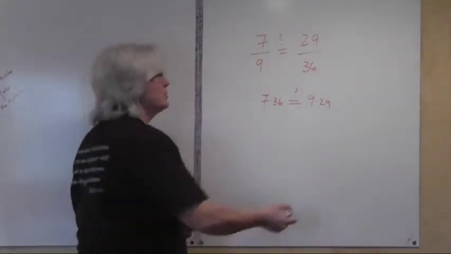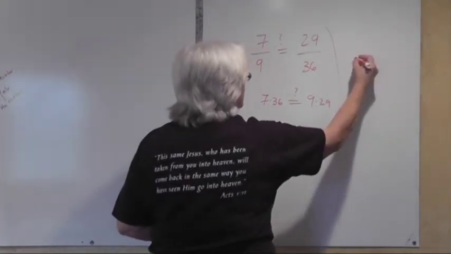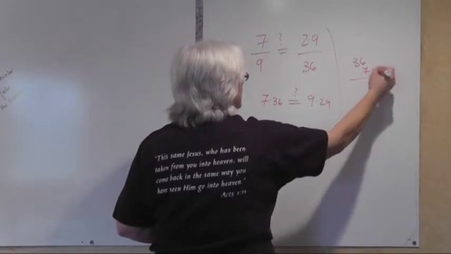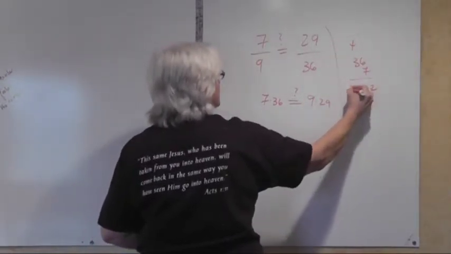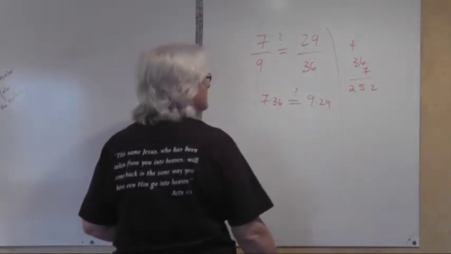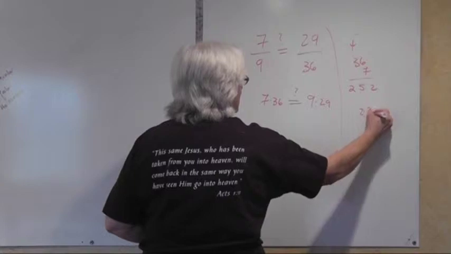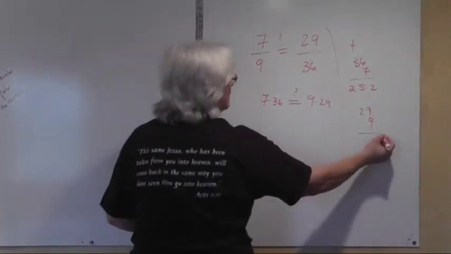This is where you want to show your work, show your scratch on the right-hand side of the paper. 36 times 7, 7 6s are 42, plus 1, 7 3s are 21, plus 4 is 252. Now, what do we have? 9 times 29. Well, obviously they're not going to be the same because 9 times 9 is 81.